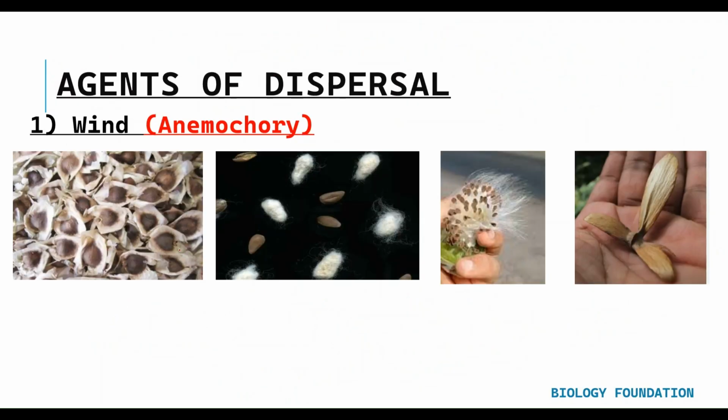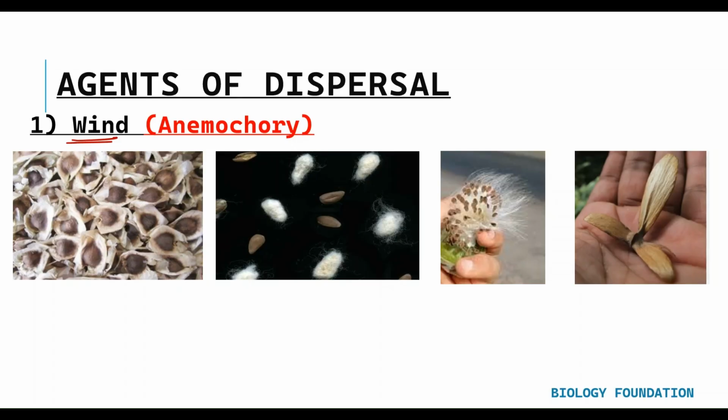Now I told you seeds, are they motile? No. So there should be some agents which help in dispersal of the seeds. So first is wind. If you remember when we were talking about pollination, there should be some agents for the transfer of pollen grains onto the stigma, because pollen grains are again non-motile, so that's the reason they are transferred by pollinators.